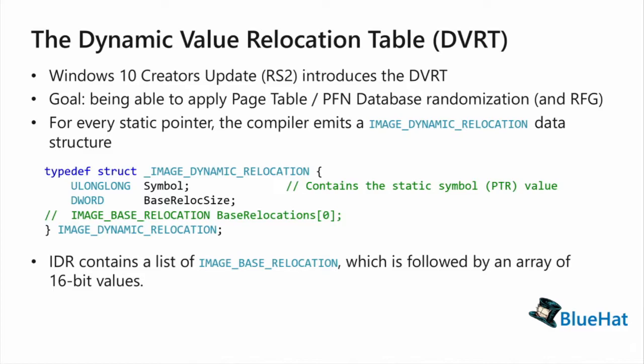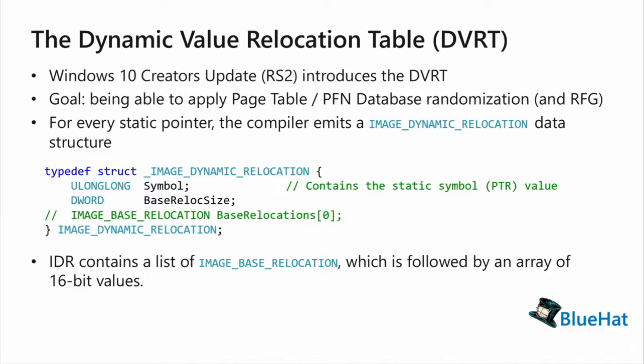How did we do this? The OS needs a way to track every pointer that is stored inside the NT kernel binary. For this, the compiler emits an image dynamic relocation data structure for every static symbol. This data structure contains two things.